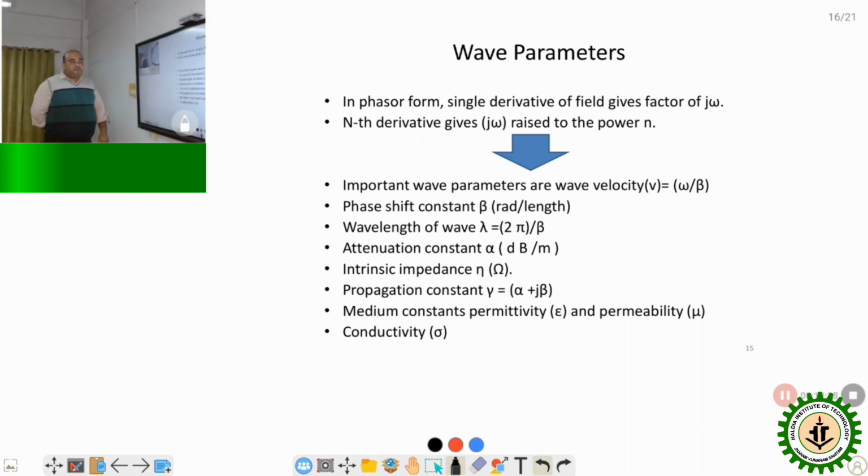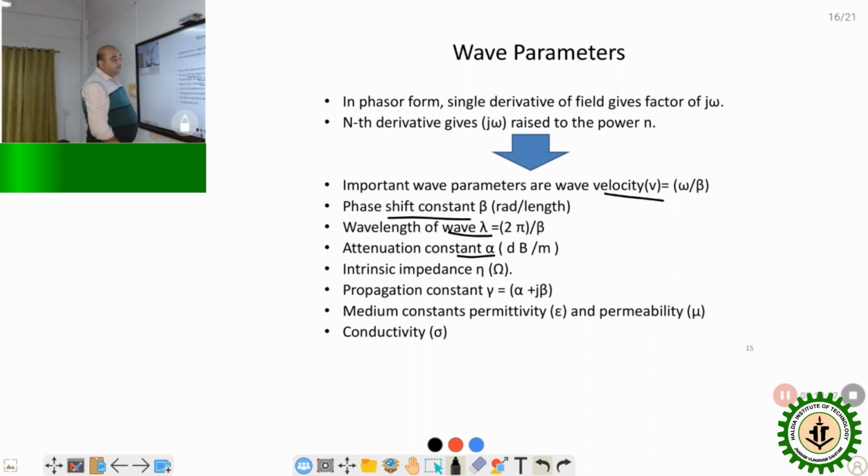The important propagation parameters are the wave velocity v, very important. What is the phase shift constant? That is beta. What is the wavelength of the wave? That is expressed in terms of lambda, that is 2 pi by beta.